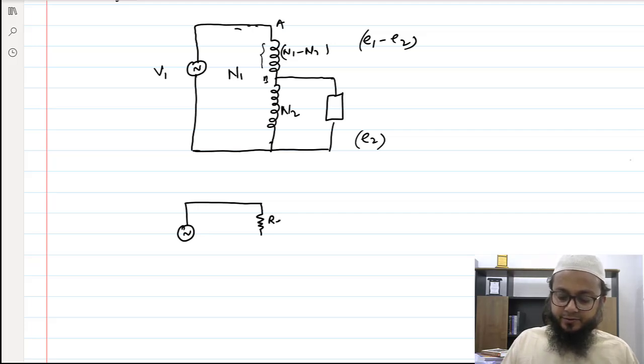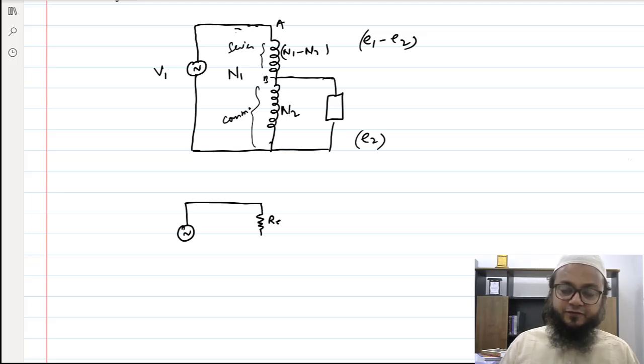Generally this winding, the upper portion, is known as the series winding, because the current is flowing in this from the source to the load, so one current is actually flowing in this branch as well. So we will say that this is a series branch, this is the convention, and this is the common winding. So this is the common winding and this is the series winding.